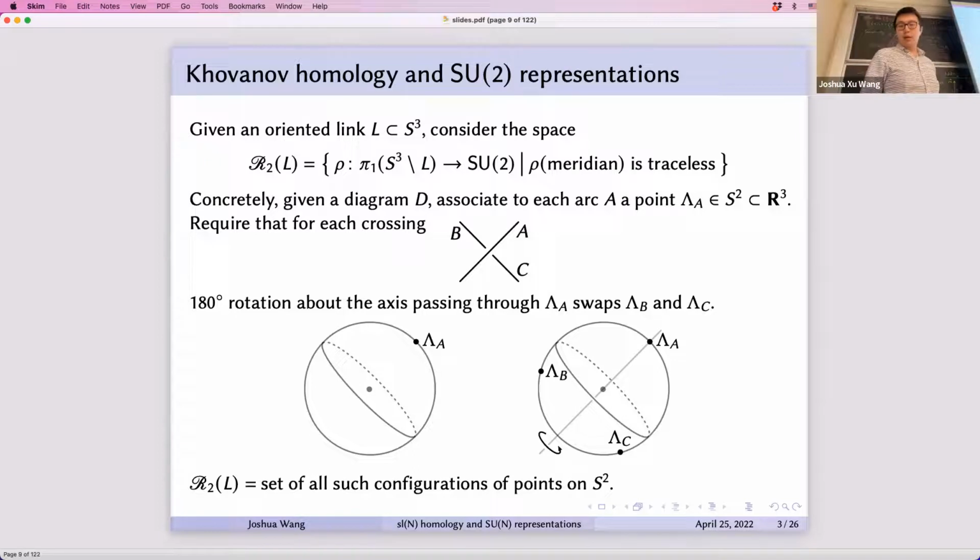And the representation space, the space of representations, is just the set of all such configurations of points. So one representation is a point on the two-sphere for every arc that satisfies this constraint for each crossing.